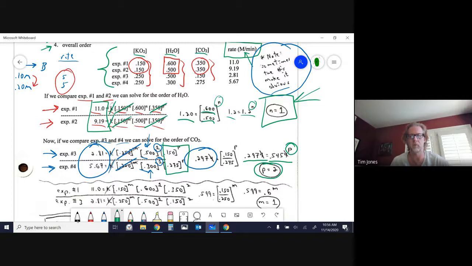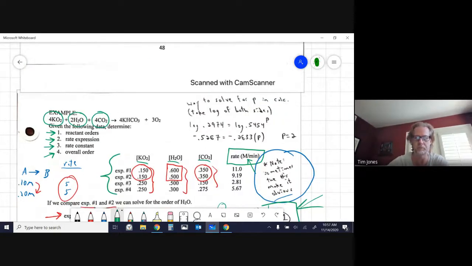But there's a more direct mathematical approach that I actually have at the top of the notes. When you get to this situation, take the log of both sides. Excuse me, the regular log. When you take the log of this side, you get negative 0.5267.